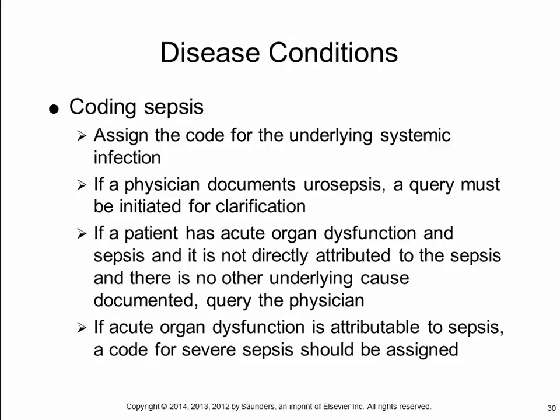You know, what is the clinical significance of the organ dysfunction and the sepsis? Find out from the physician. If you can't find any other cause, then chances are it's due to that sepsis, right? If that organ dysfunction is linked, then you will code severe sepsis, not just sepsis.